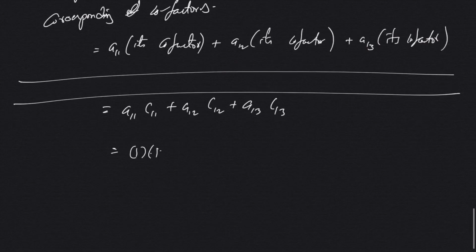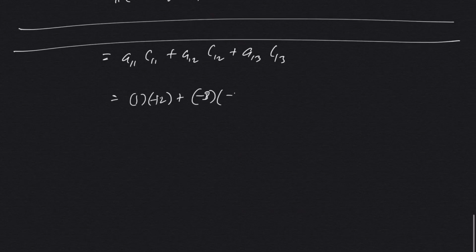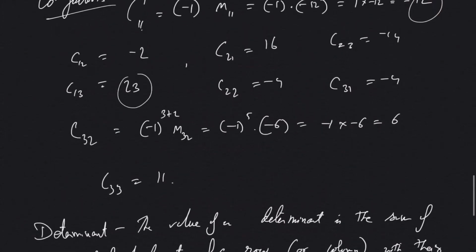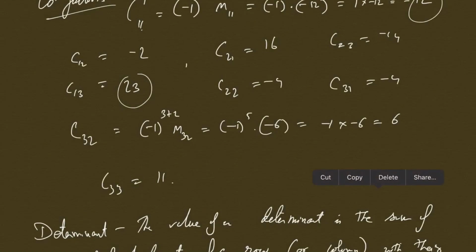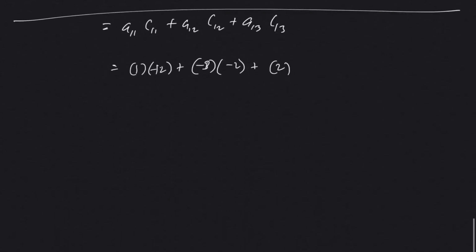C11's value we calculated as minus 12, plus A12, which for us was minus 3, C12 we had calculated minus 2, plus A13 is 2, C13 is 23.